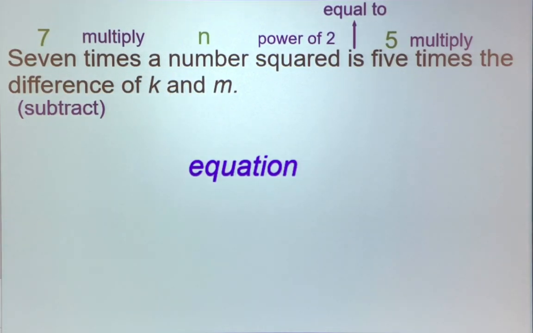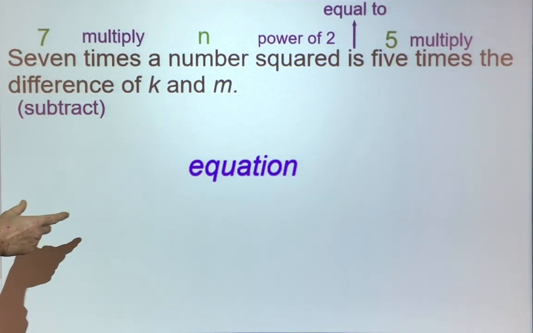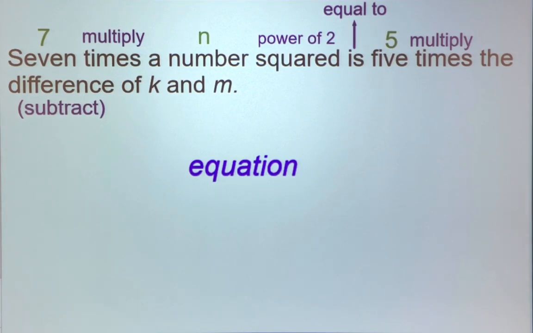So when we look at what we've come up with, it says 7 multiply n to the power of 2. So that's 7 times n squared is equal to, we've got to multiply 5 times the difference of k and m. So we have to subtract k and m before we multiply by 5.